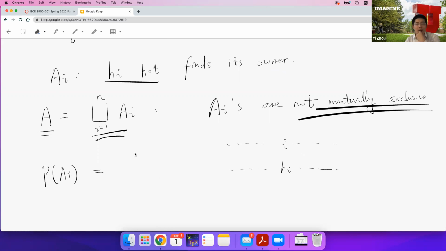So how many possible outcomes fall into this event? It is (n-1)!, all the possible permutations of the rest of the n-1 people, so (n-1) multiplied by (n-2) up to 1, divided by all the possible outcomes.